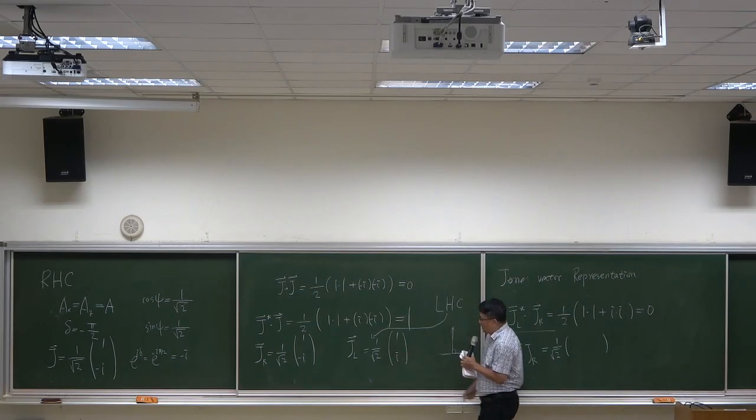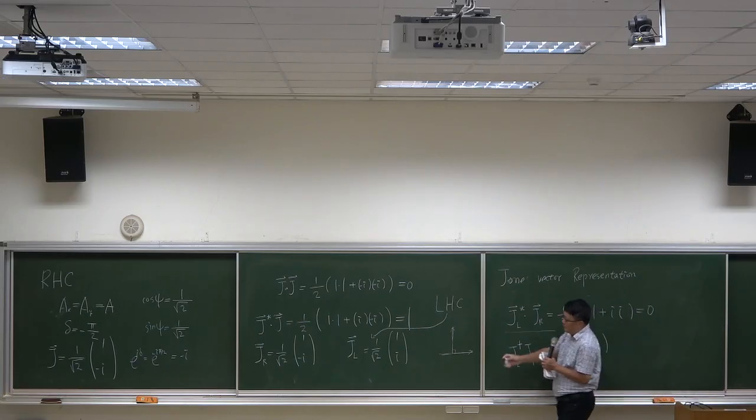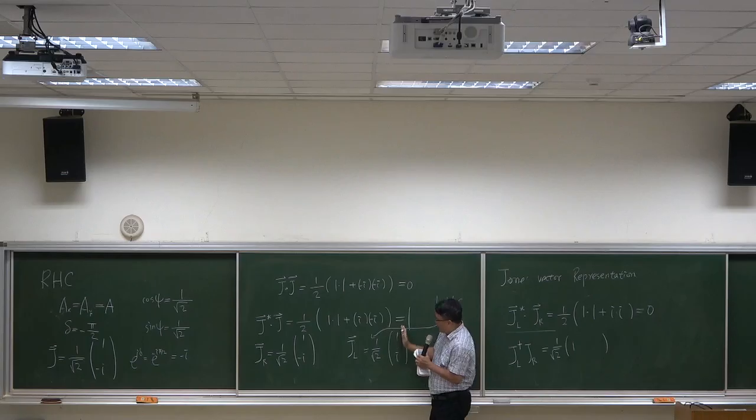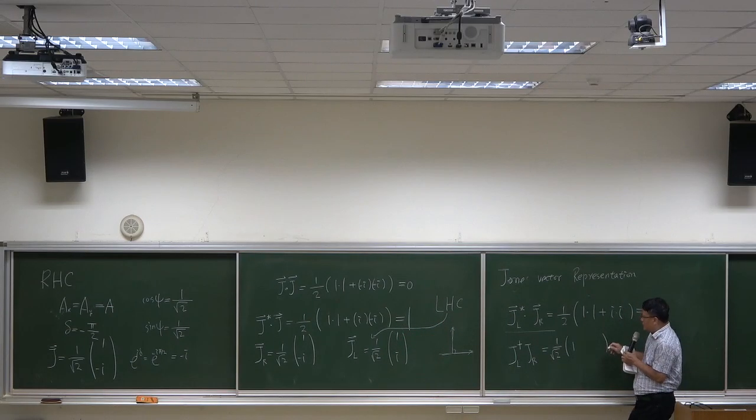Transpose and complex conjugate. Transpose, we change the column vector to a row vector, and then take the complex conjugation.